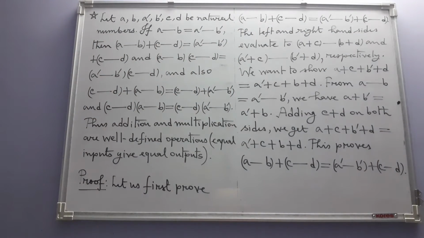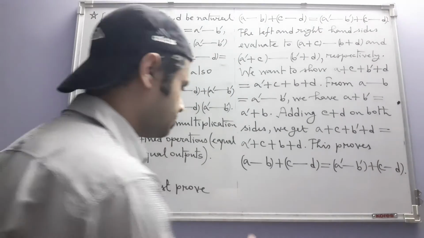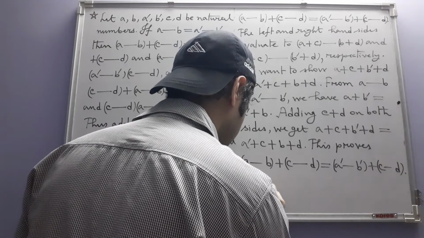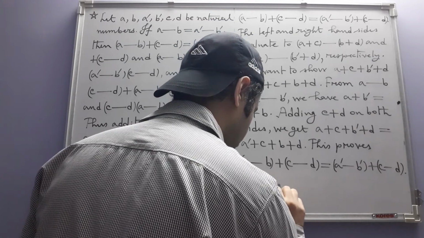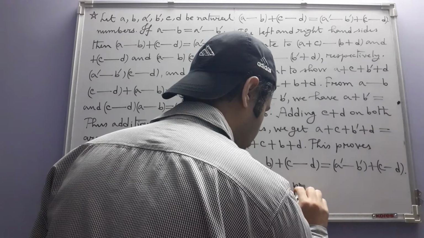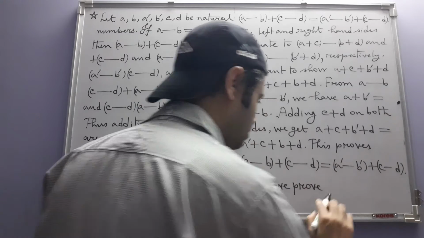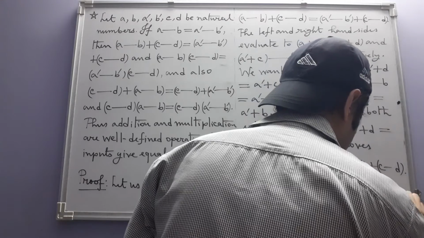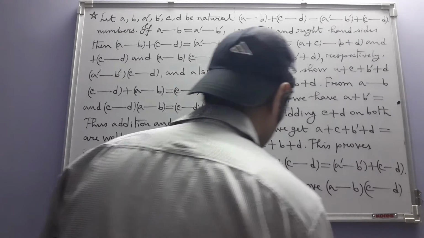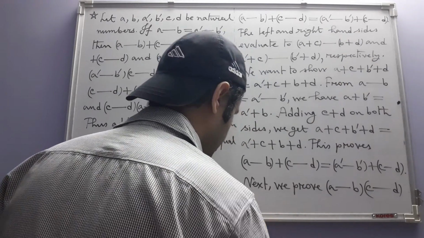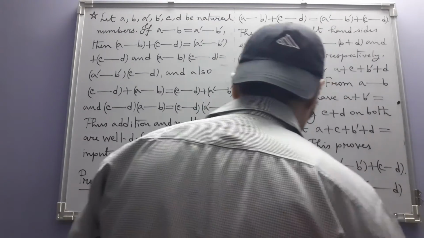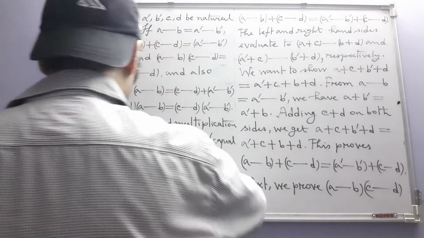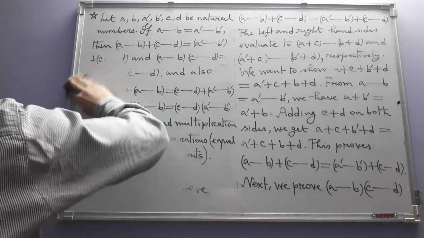Okay. So next, multiplication. Next, we prove a dash b times c dash d is equal to, okay, let me write it there, no need to clutter the space unnecessarily.